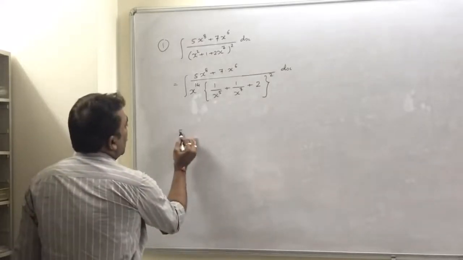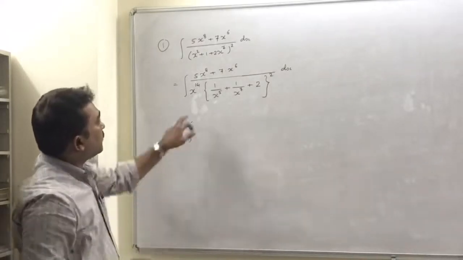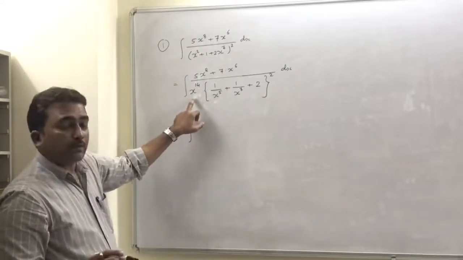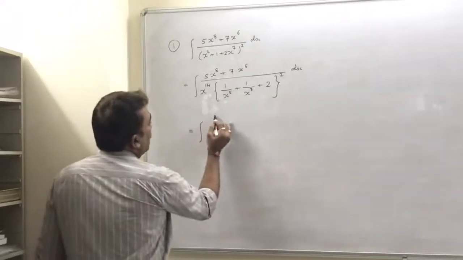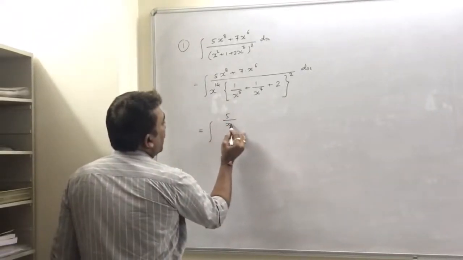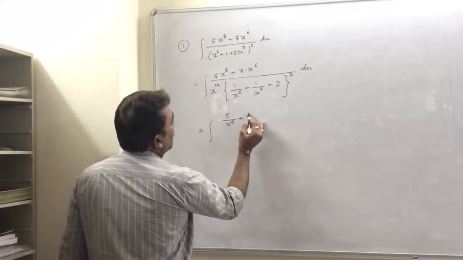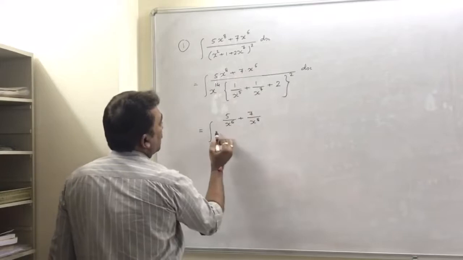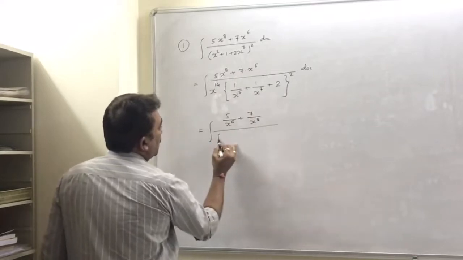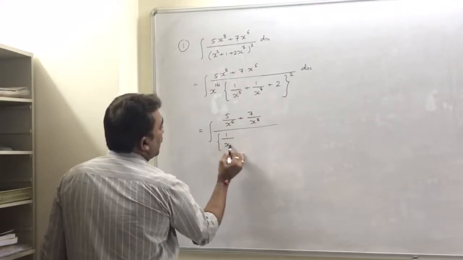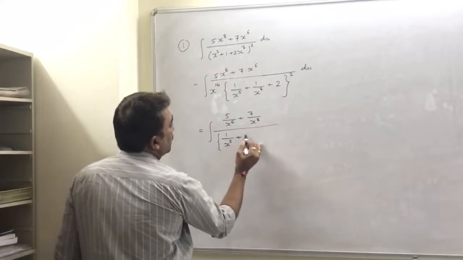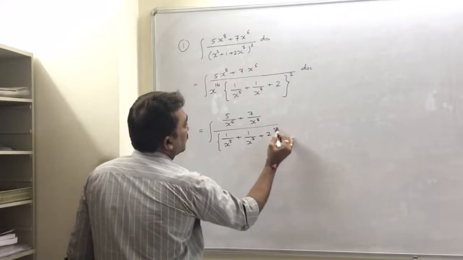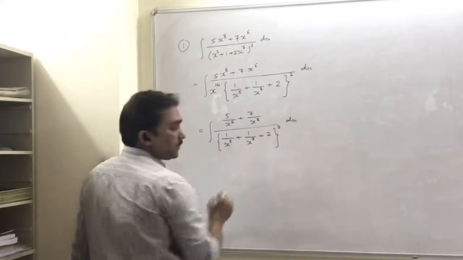Now we start in this way: numerator and denominator divide by x^14. It means we get 5 upon x^6 plus 7 upon x^8, over 1 upon x^5 plus 1 upon x^7 plus 2 whole square dx.